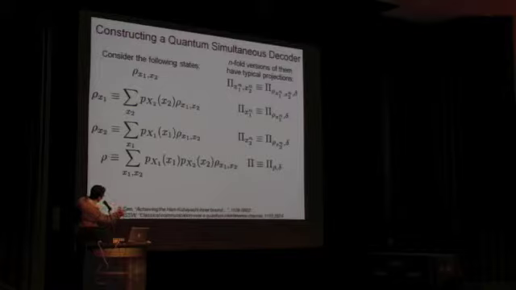As a result, since these typical projectors are built from the eigenvectors of these states, they don't have to commute. And we know that we're going to need these in the decoding POVM to bound certain eigenvalues in the error analysis in order to have the correct rates come out. So we'll have to impose some ordering of these projectors in the decoding measurement. We know in quantum mechanics, usually the order of operators is very important.